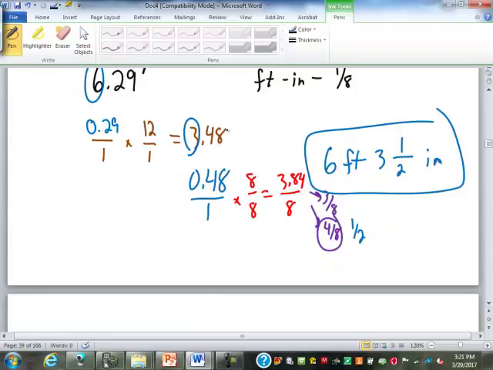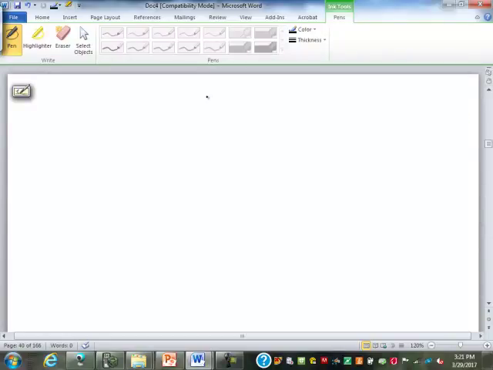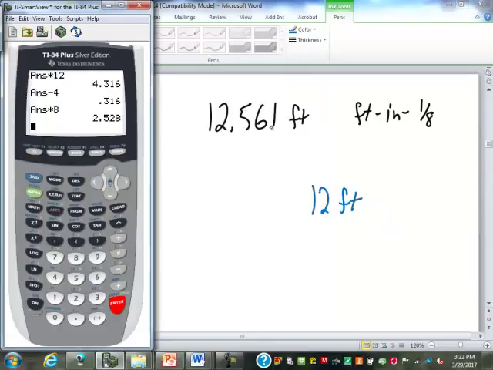Now again, most of you aren't going to do this by hand. You're going to use a calculator. So let's go through those steps on the calculator. Let's say we've got 12.561 feet. And again, we're converting it to feet, inches, and eighths. Well, I'm going to start by just taking the 12 feet off of here. So I'm going to punch in the calculator the 0.561. And I'm going to turn that into inches by doing what?